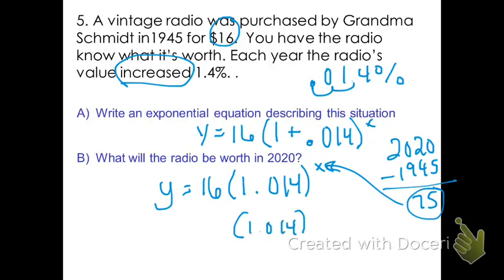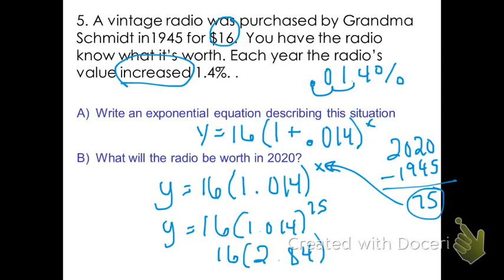Let's see what we get. 1.014 to the 75th power. Ooh, that's a big number. Let's put it in our calculator, guys. 1.014 to the 75th power. Now I have 2.8369, blah, blah, blah, but I'm just going to round this to 2.84, times 16.